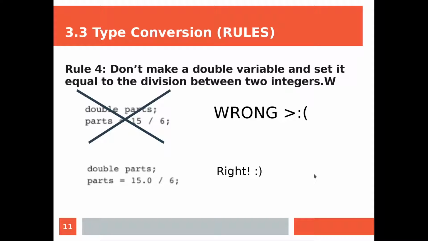Something I like to point out, which isn't one of the rules that the book mentioned, but I decided to add it as a rule, because he kind of puts it right after, and it's something I encountered when I was typing out all the solutions for the problems: when you have two numbers you're trying to divide and you want a decimal result, like you even declared it as a double, but you put in 15 divided by 6.